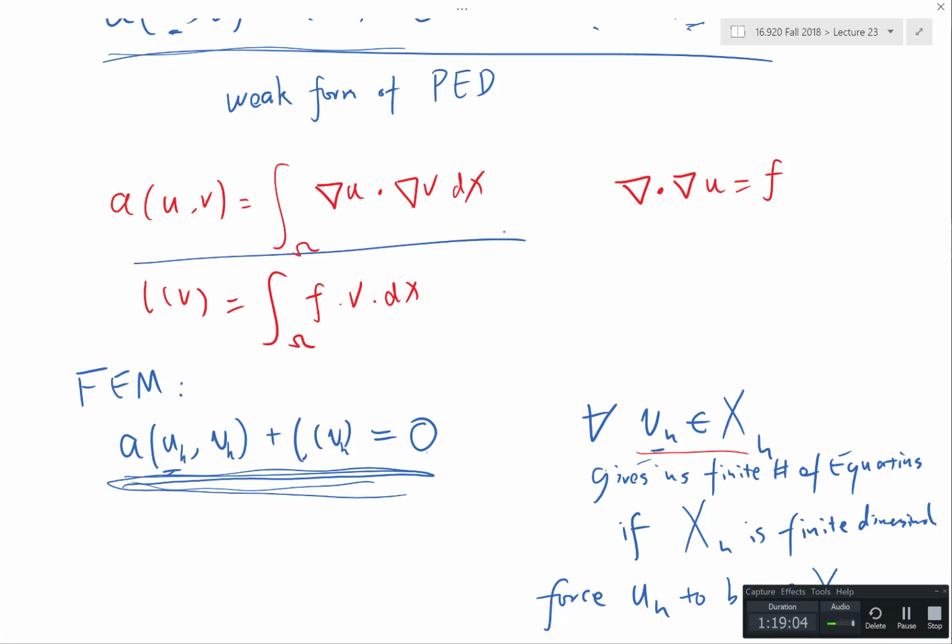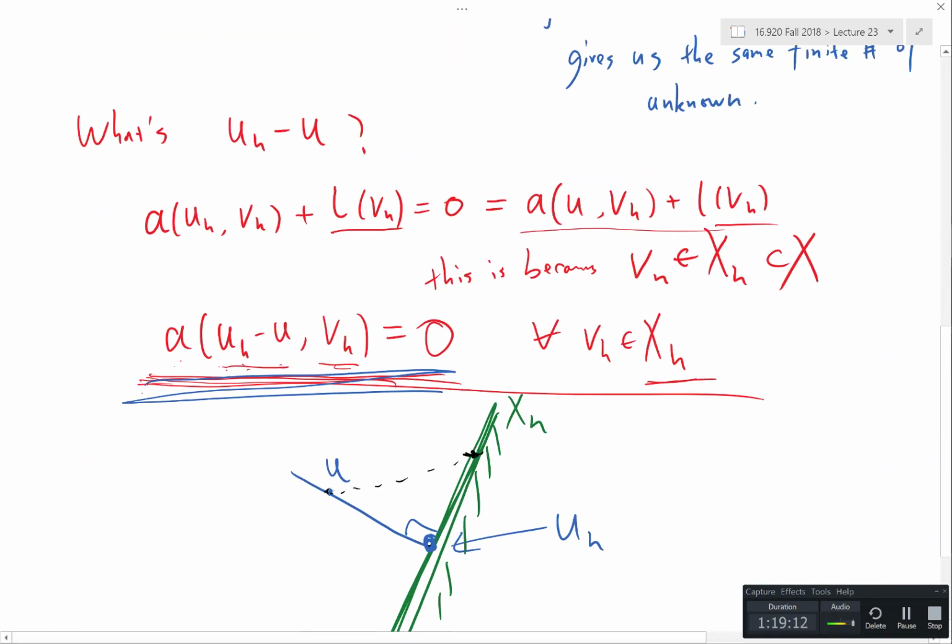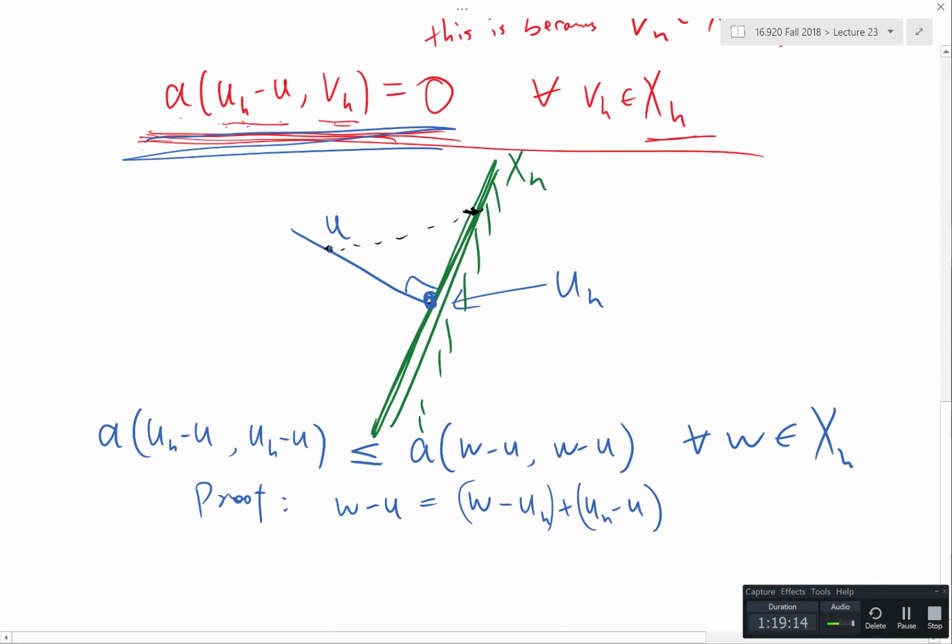So how do we translate this into other norms? Well, in order for you to translate into the other norms, you have to use some equation-specific analysis. For example, for the Poisson's equation, there is actually a relatively easy way to translate the norm in terms of the gradient to the norm in terms of just the function itself.